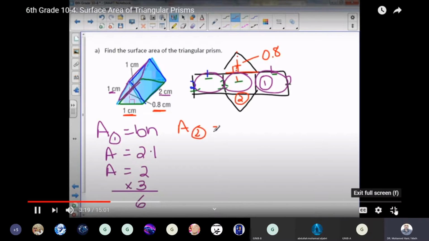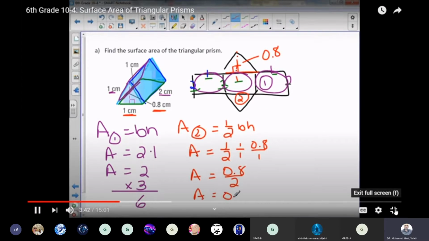Now the triangle. Remember, the area of a triangle is 1/2 base times height. The base is 1 and the height is 0.8. So we get 0.8 over 2, which is 0.4.